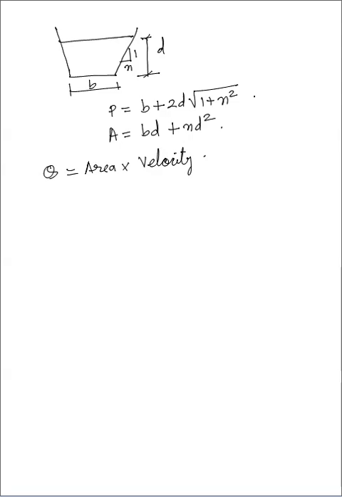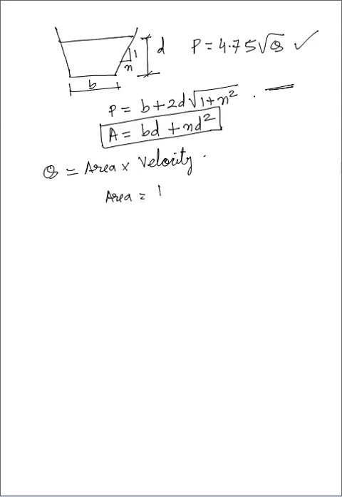Okay, so basically, see, we have two formulas for perimeter. The formula P is equal to 4.75 under root Q we can also use, and we can equate it with this formula. So we can equate the perimeter. In the same way, area also we can equate. One area formula is this, and another is area equal to discharge upon velocity.